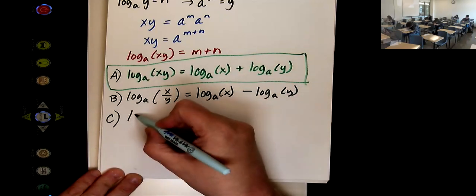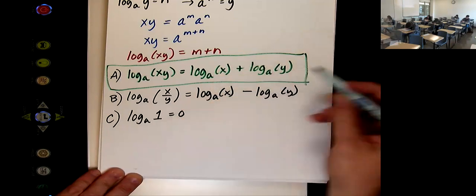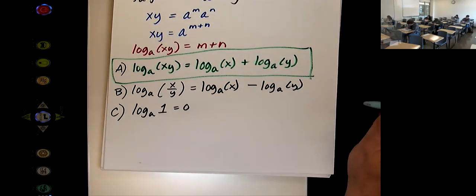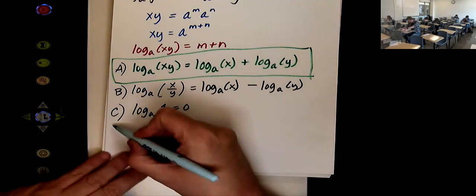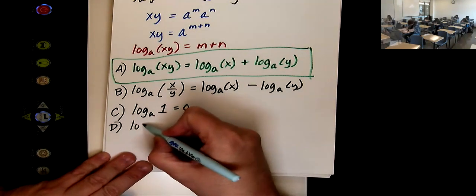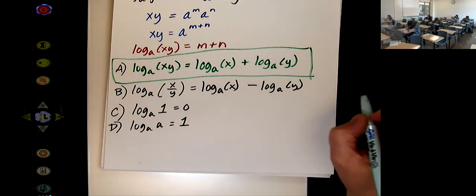C: we've already seen this in one of the examples. Log base a of 1 equals 0. And we've already seen D. Log base a of a equals 1. We did this with the 12 and the 12 just a little while ago.